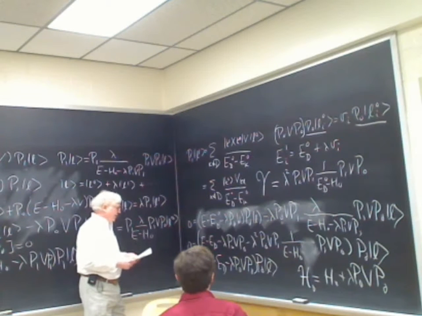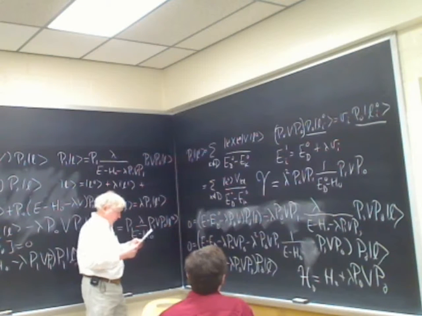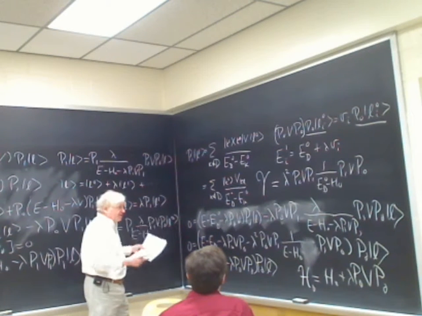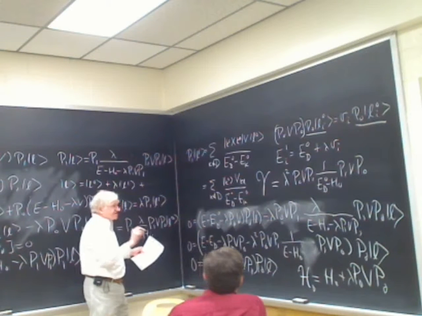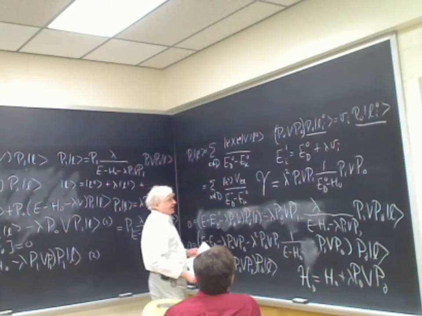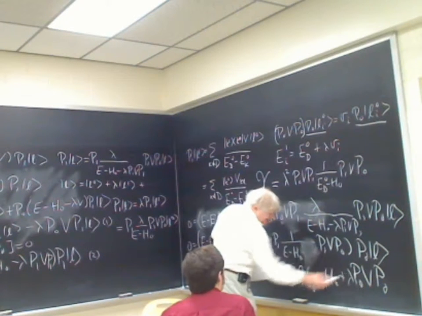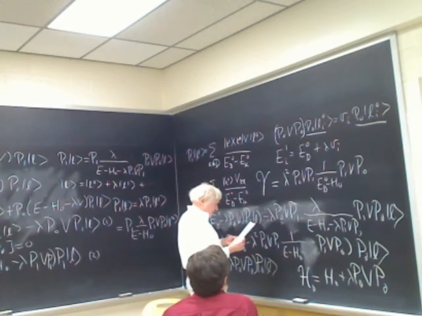All right. So now what we have is effectively non-degenerate perturbation theory for each of these distinct levels split by this operator. This is our potential, and this is our known Hamiltonian.